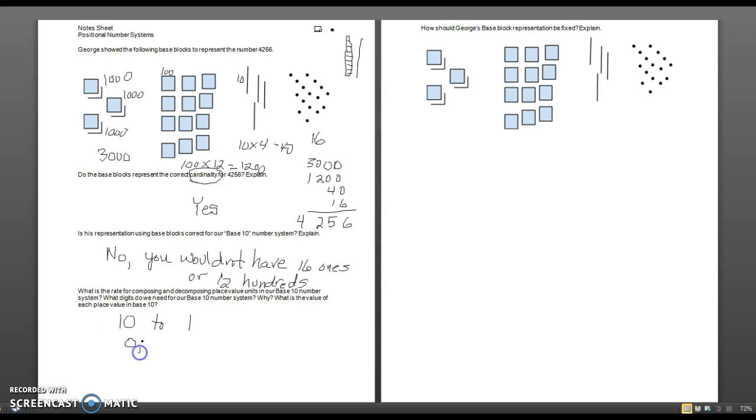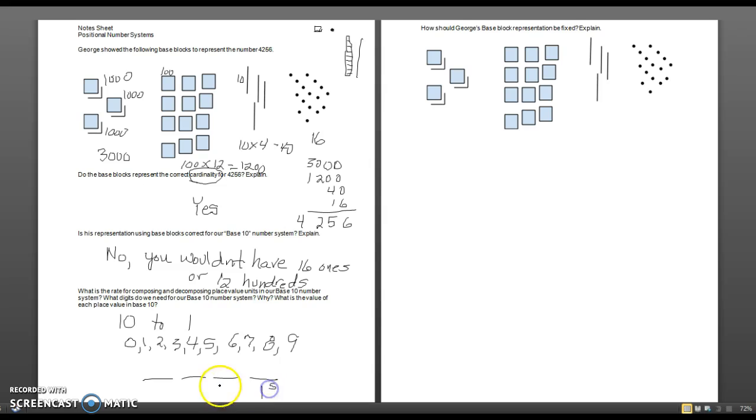We need 0, 1, 2, 3, 4, 5, 6, 7, 8, and 9. Those are our digits. Right? And for our place value in base 10, the way I like to do this is make lines and label them.